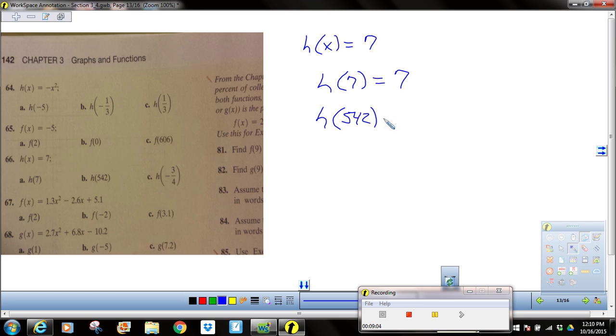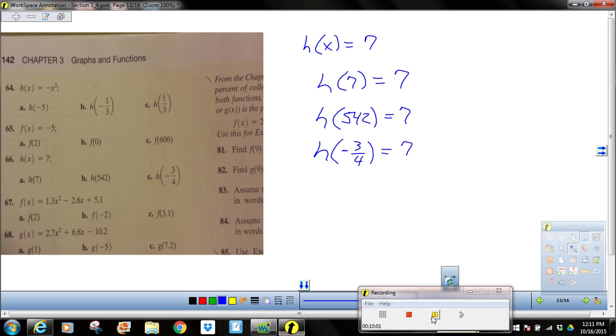Well, there's no x, so my output is still 7. It says the function equals 7. This is what we call a constant function. No matter what your input is, no matter what your x is, we're always getting a y value of 7. If you were to graph this, it would be a horizontal line at y equals 7. So anyway, that's it for number 66. They all equal 7.